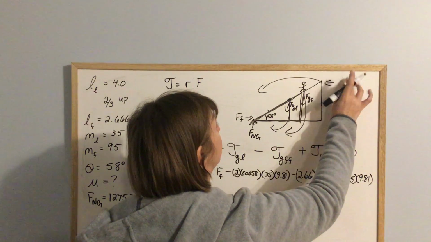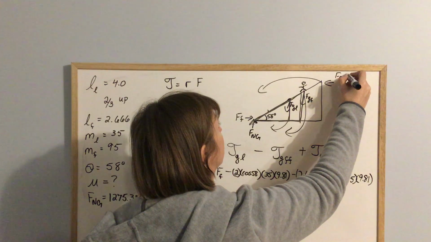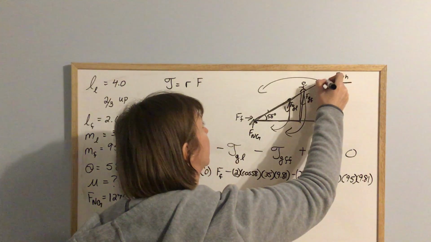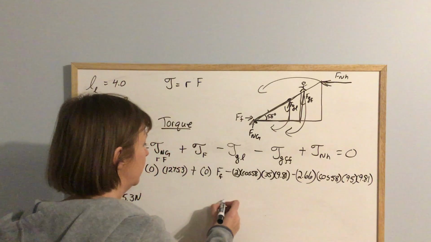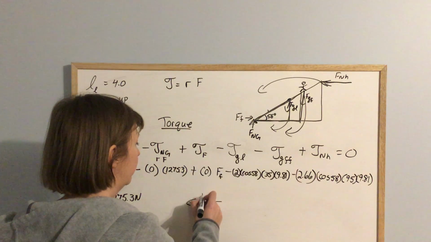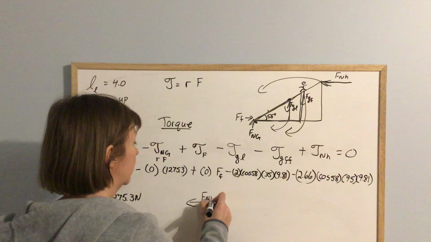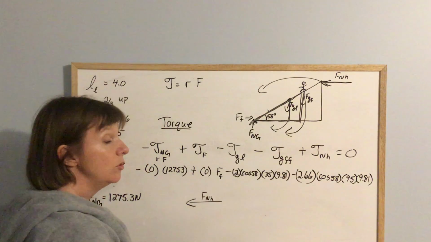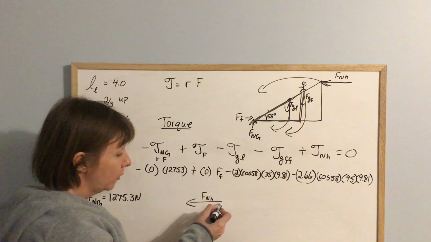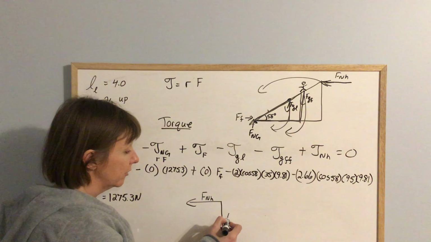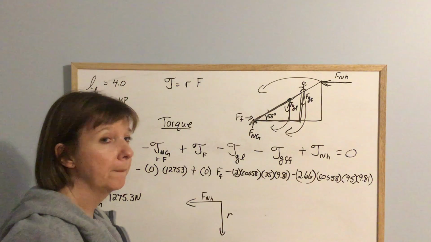Normal force on the house is going this way. So let me just write that down here. If the force is going that way, the lever arm distance, the R, has to go that way.